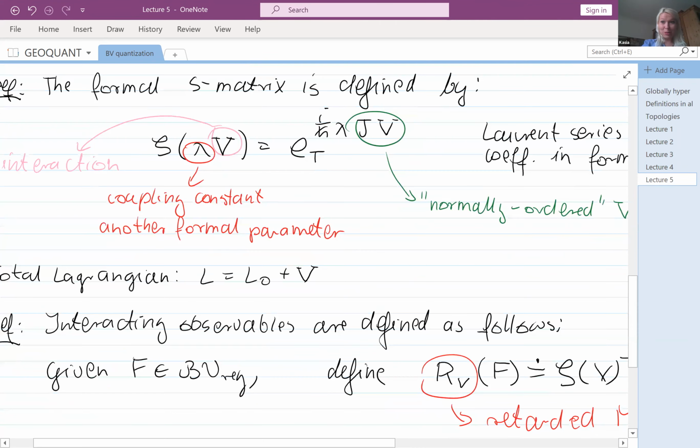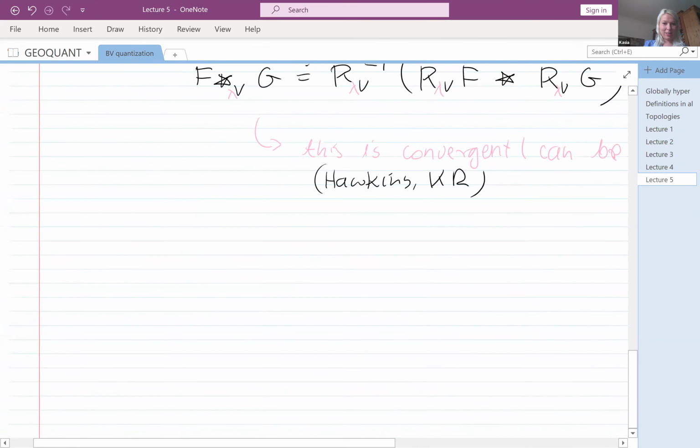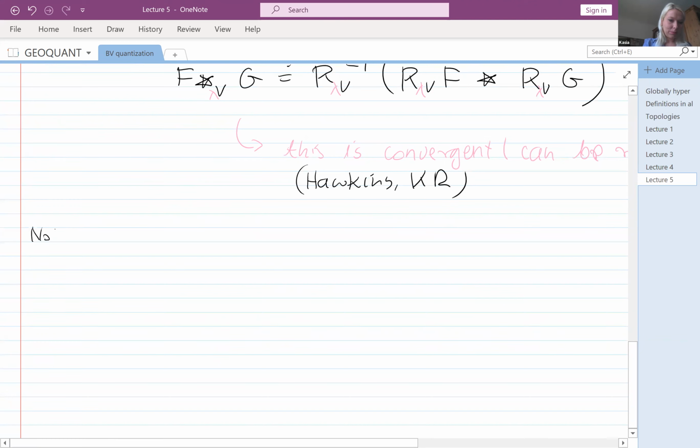Interesting things happen. I want to check if S0 happens to be a derivation with respect to this time-ordered product. And the answer is almost.